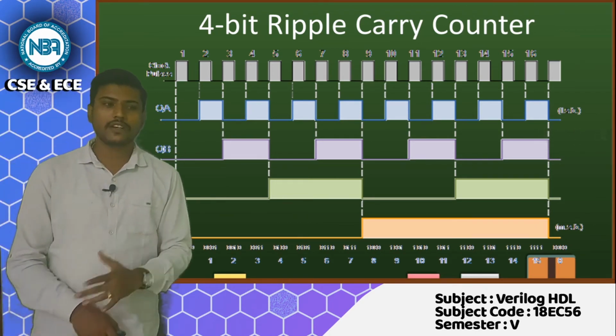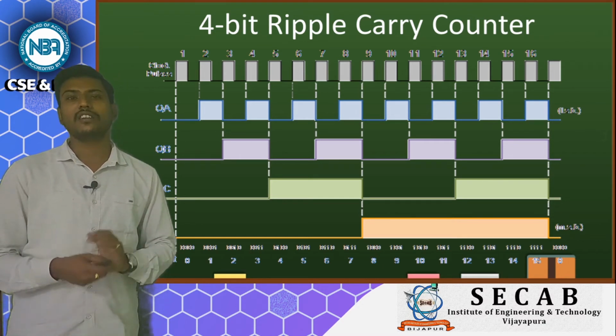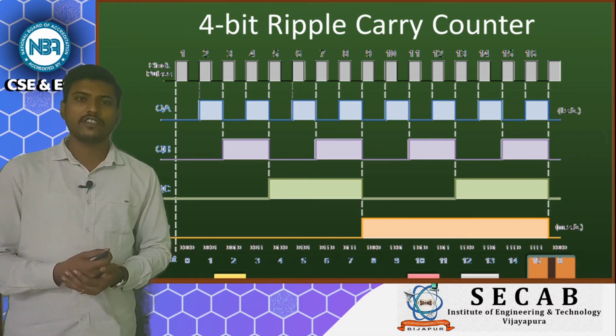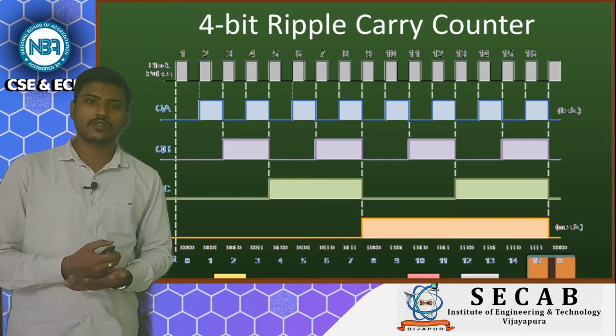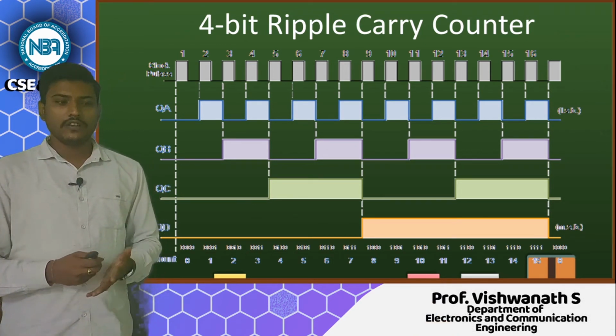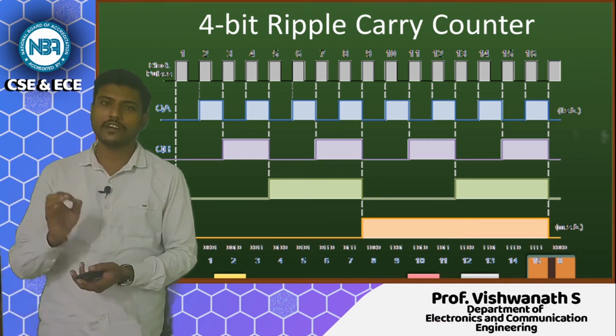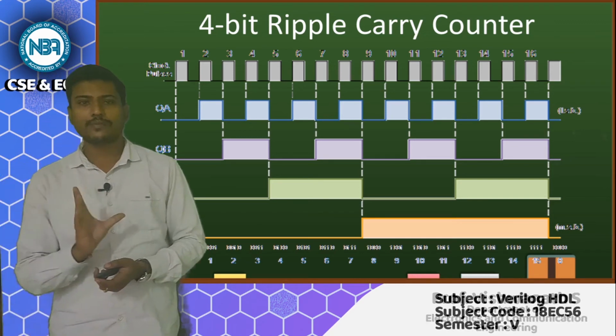So, this particular counter is acting like what? It is acting like an up counter, which is counting from 0 0 0 0 to 1 1 1 1.